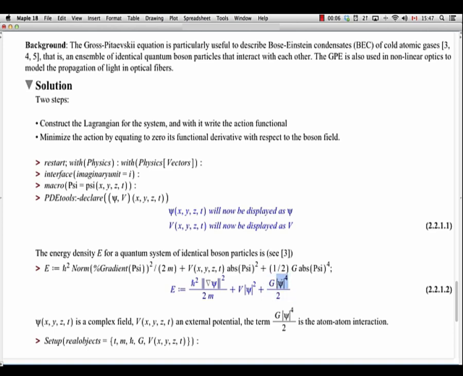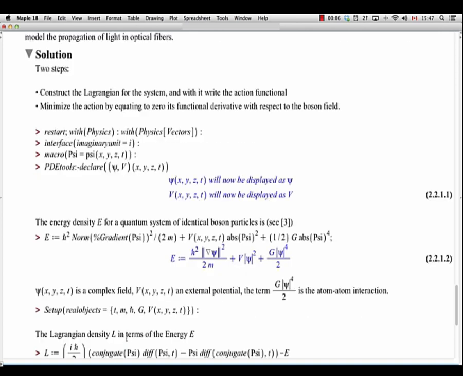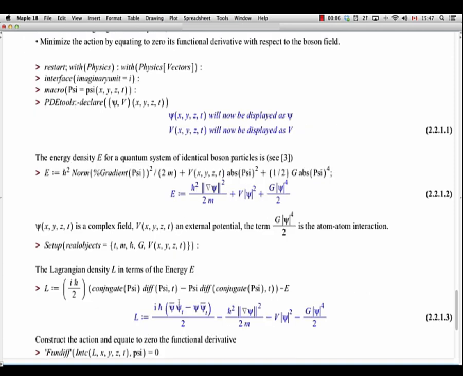Between bars, we see the absolute value of the psi field. We indicate the real objects of our problem, and now we construct the Lagrangian in terms of the energy using standard formulas again. So for this problem it results in this Lagrangian, where we see the conjugate times the time derivative of psi and the conjugate of that product, and so on.